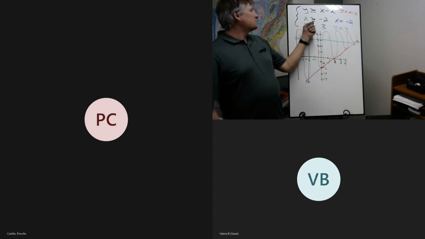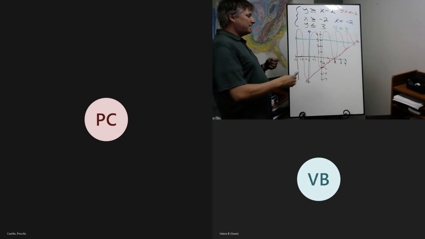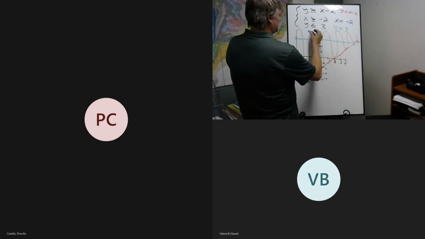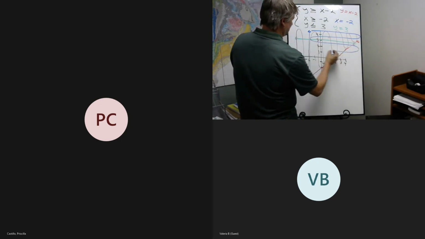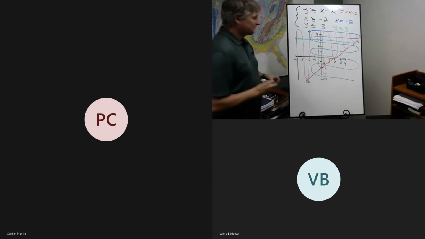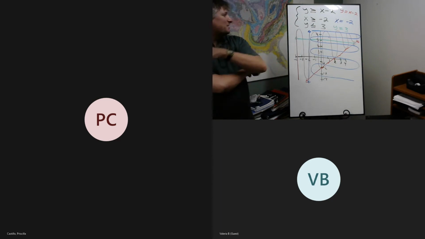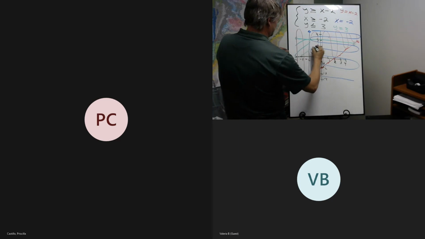Now, this is x greater than or equal to negative 2. Greater than negative 2, larger values are to the right. So we're going to shade like this. Finally, y less than or equal to 3. Let's see, maybe we can shade this kind of at an angle.